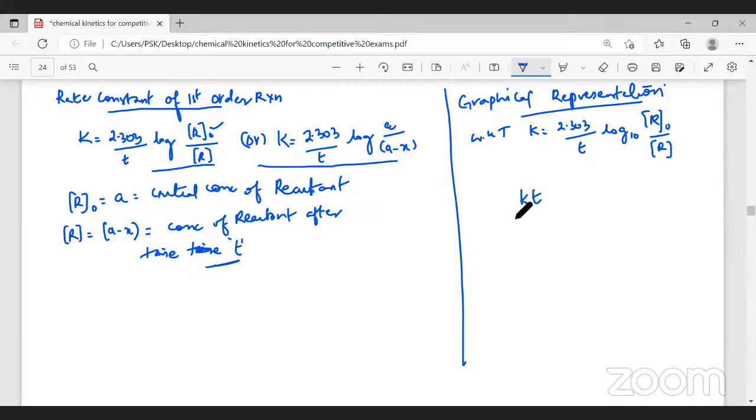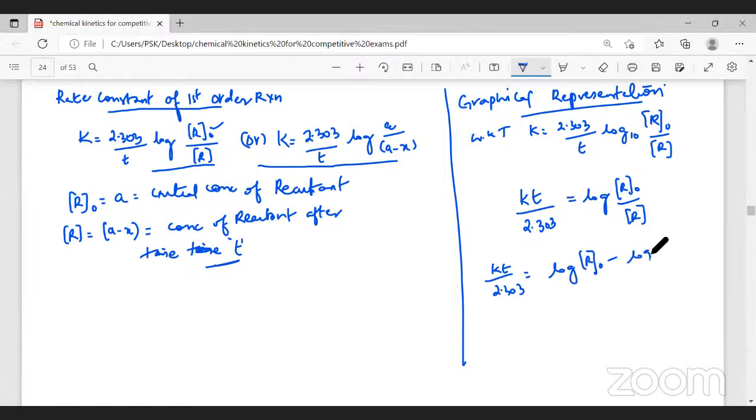You bring this 2.303 to the denominator. So we learned yesterday that Kt by 2.303 will be equal to log of R naught by R. Log A by B can be written as log A minus log B, so log R naught by R is written as log R naught minus log R.